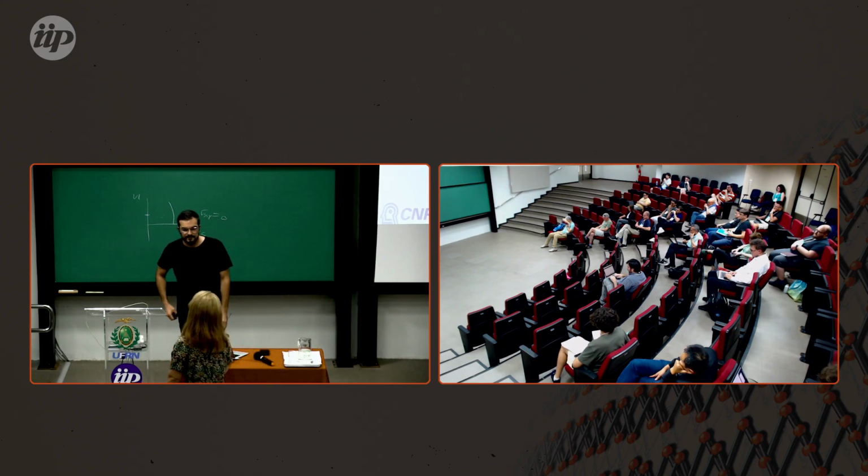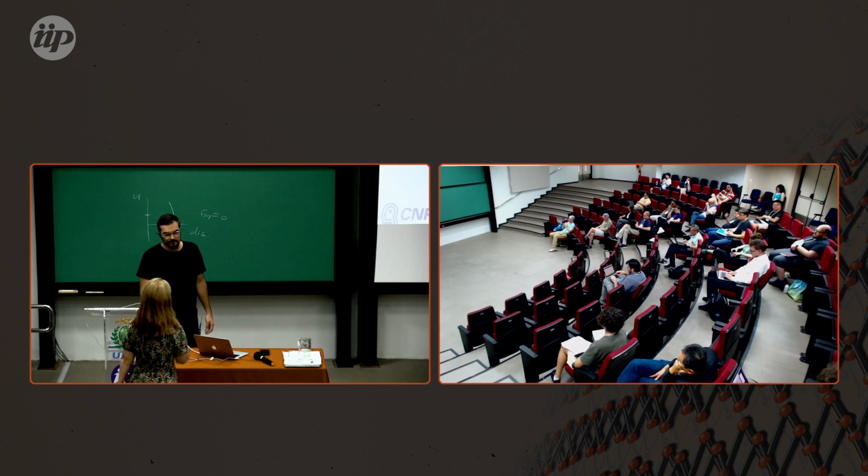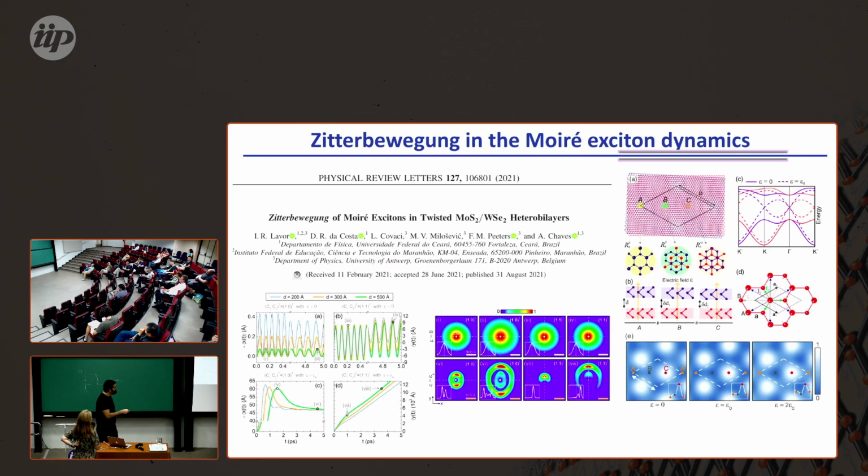So you have compared your results, the analytical and the numerical results. But what can you say about the experiments? If I go back a couple of slides, there is one experiment where they pumped some light and got some ring-like shape, like this one.